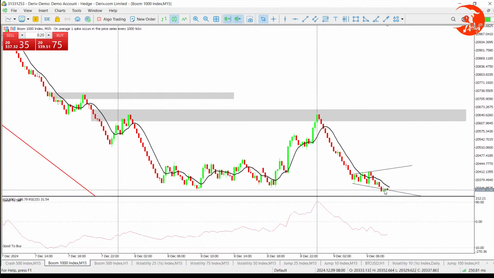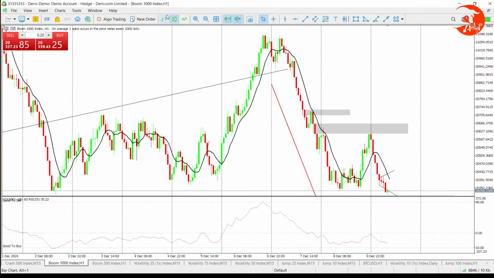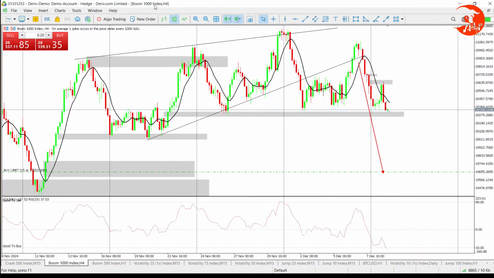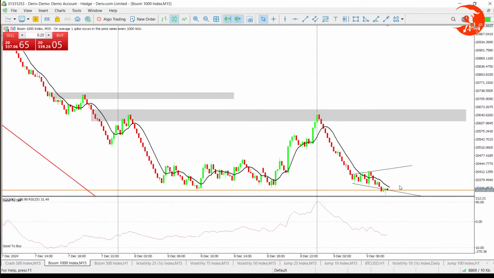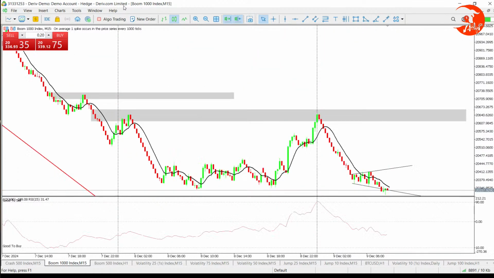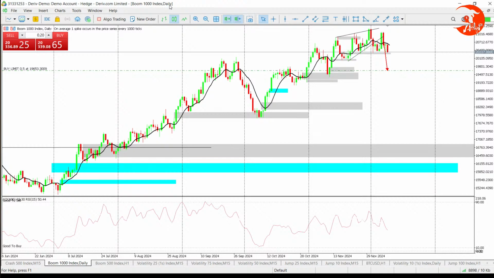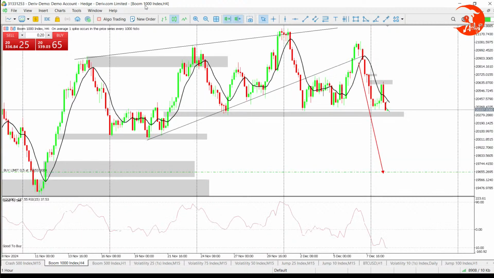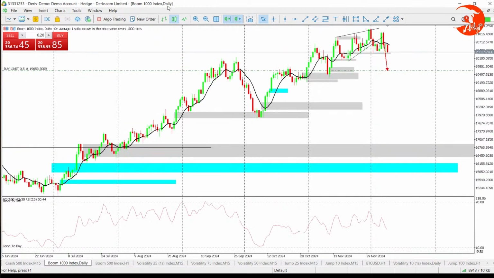Then this is Boom 1000, unlikely. I won't waste my time with it. I'm not going to trade it at all today unless I see something to take me there. But I know that according to H4, the buys are coming in. It's a general trend; according to H4, buys are stronger, but the sellers are stronger on higher time frames.